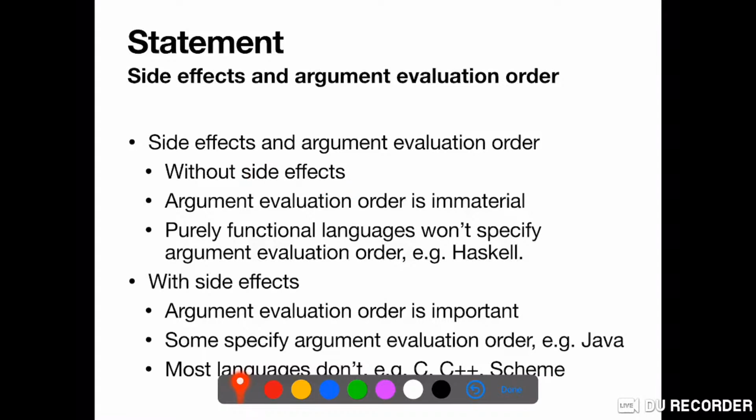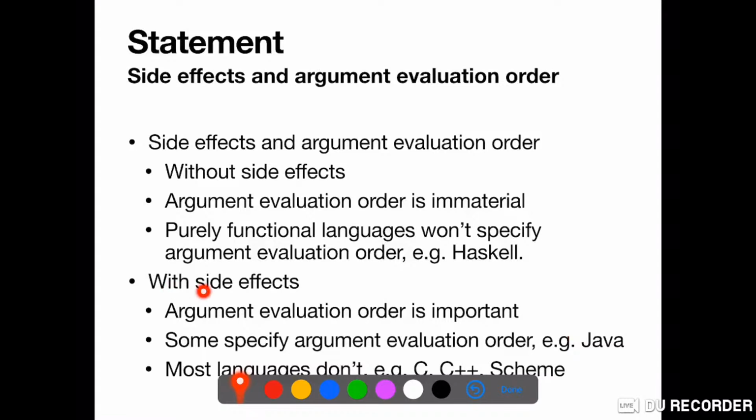That means an expression evaluates to the same value, no matter when they are evaluated and how many times they are evaluated. So purely functional languages don't specify argument evaluation order because they don't allow assignment, therefore no side effects. Although that's not entirely true because you still have IO operations, but still they don't want you to write code that depends on argument evaluation order.